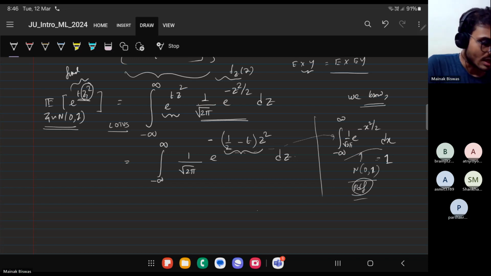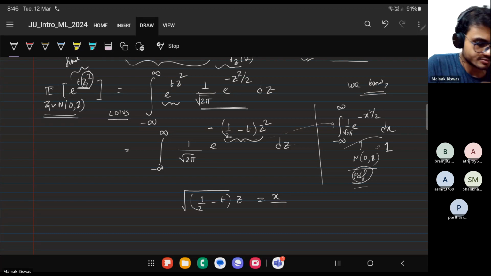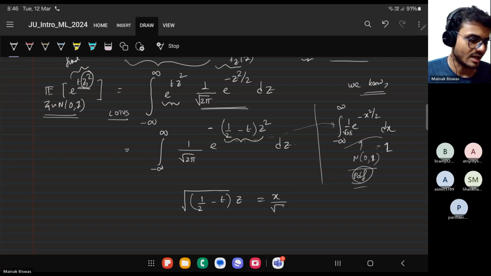Yes, I will try to make this equal to x square by 2 some way. So the x square by 2 will be x by square root of 2. Root over half minus t into z equals x by root 2.